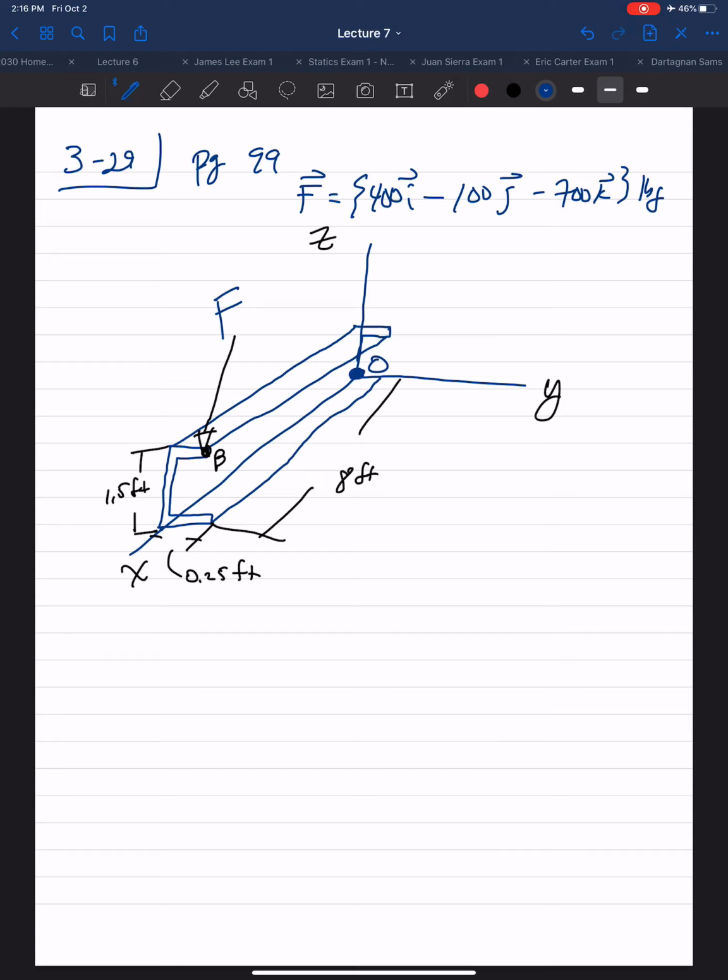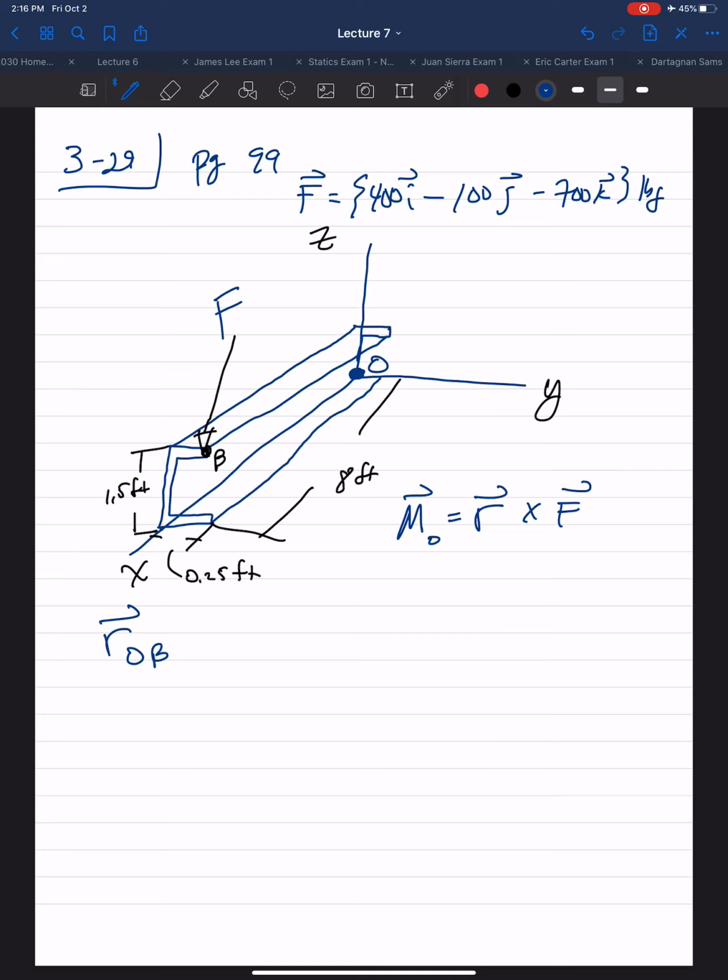So we know in vector notation, the moment about point O is r cross F. Now r in this case will be our position vector from the origin O to point B. Well, remember, this is just the difference in the coordinates of the 2 points.